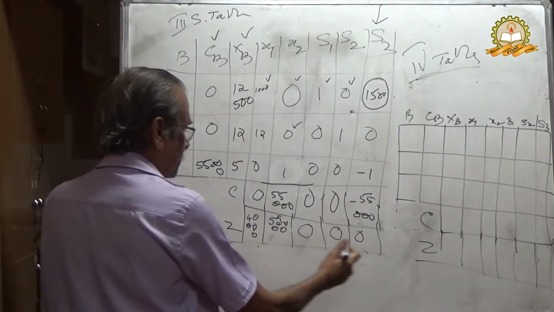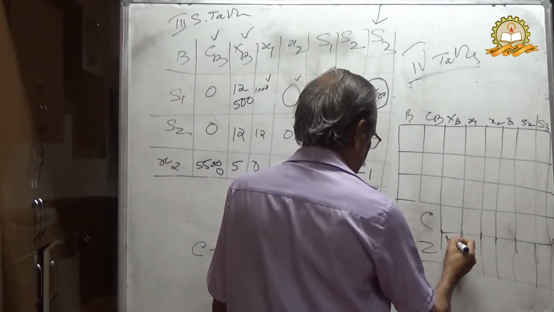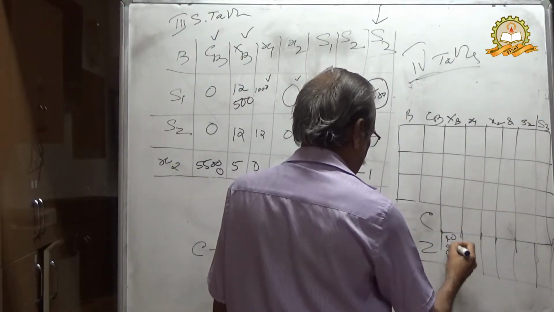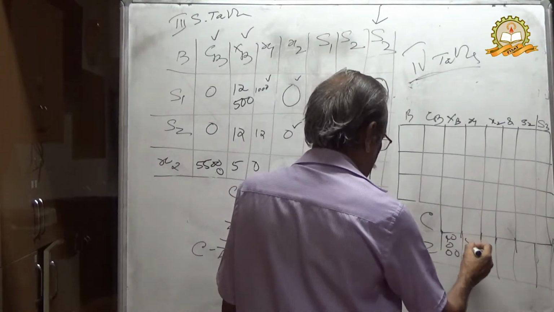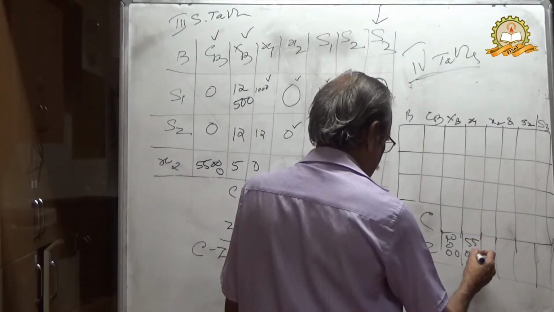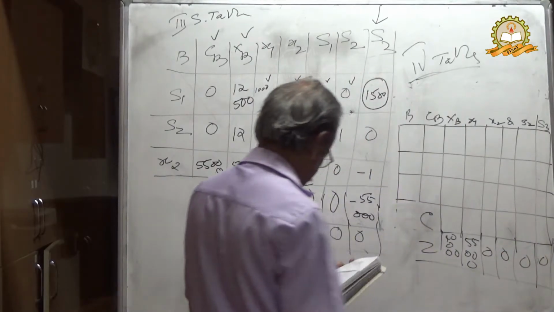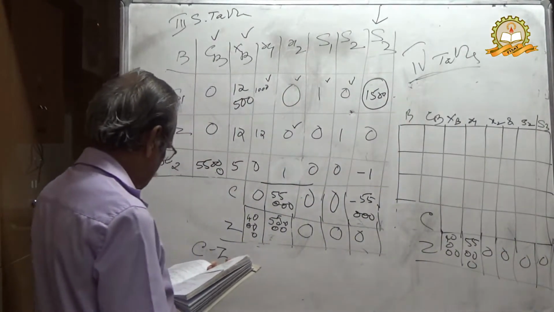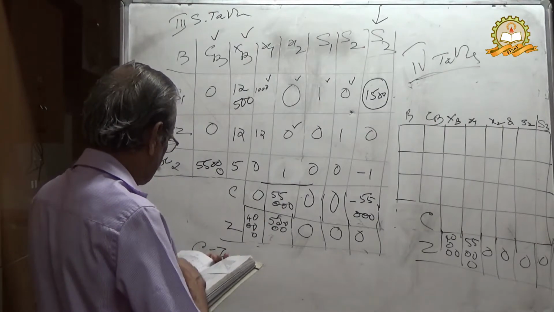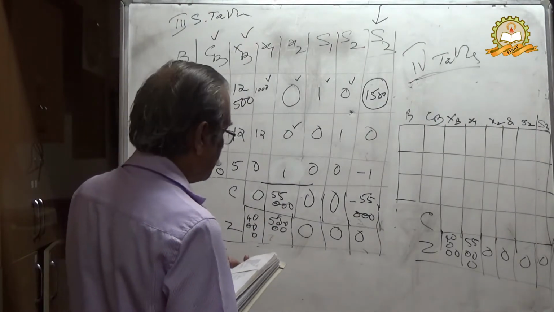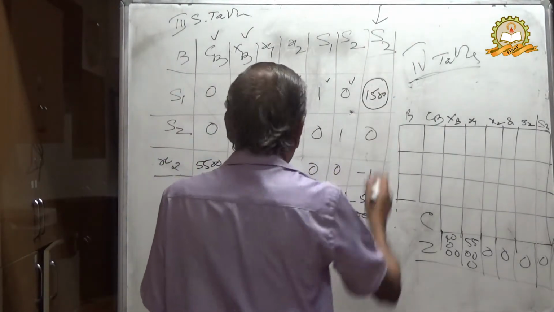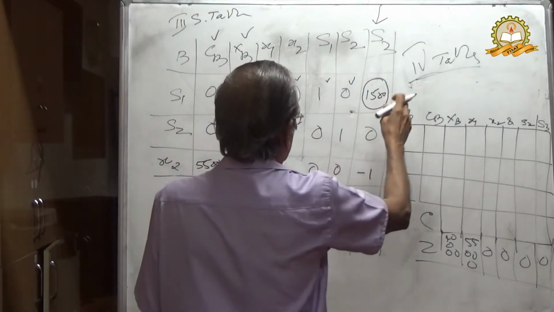Then you can fill 40,000. Here you have 55,000, 0, 0, 0, 0.